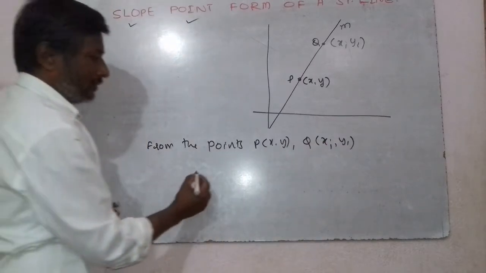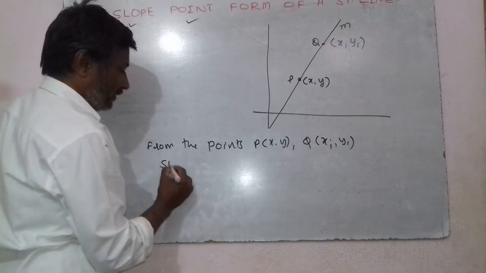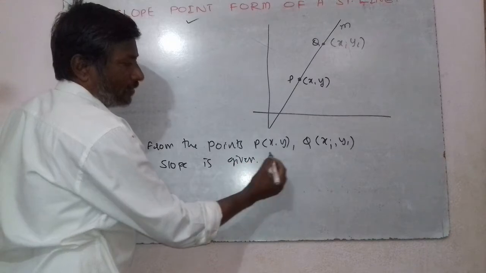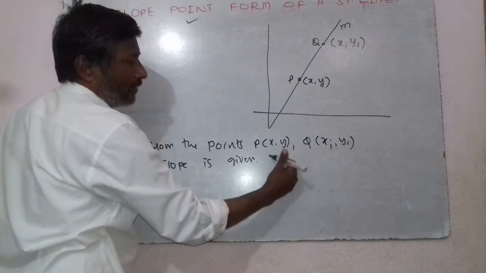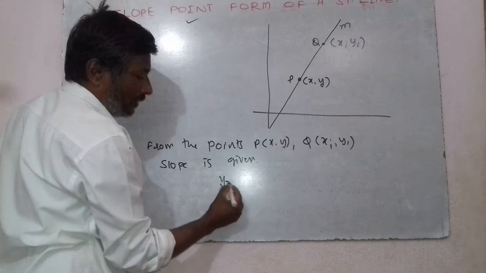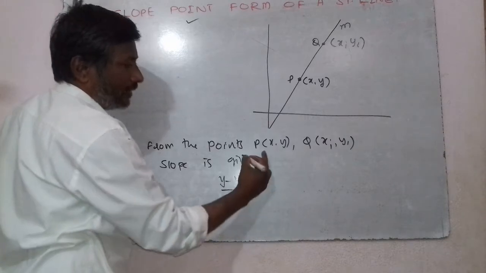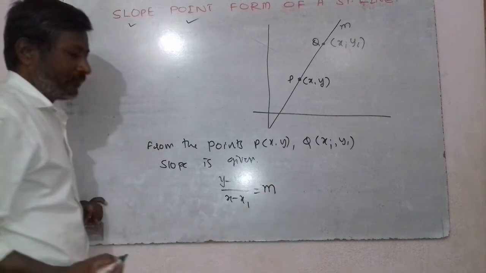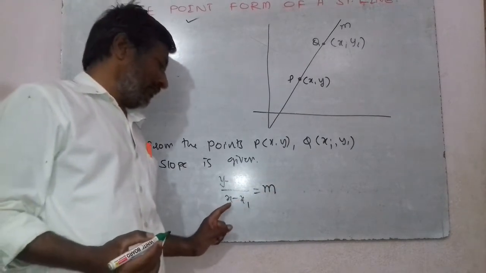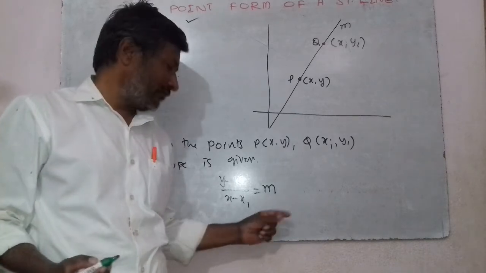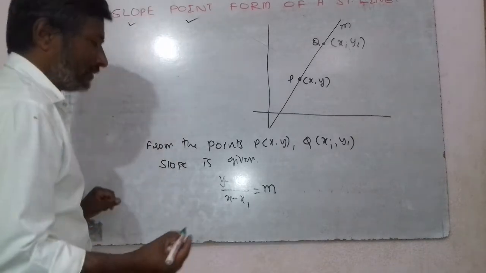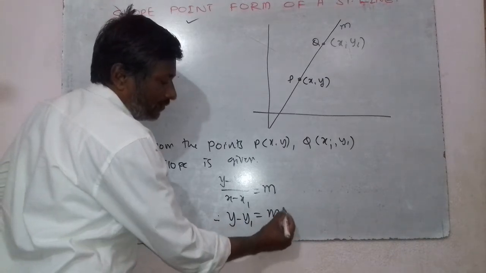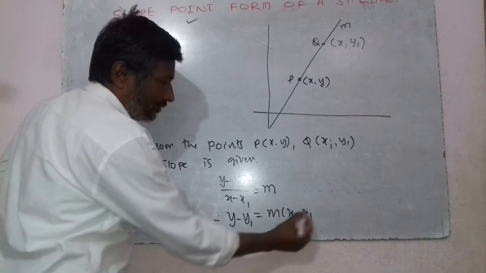So therefore slope is given by y minus y1 divided by x minus x1, and this is equal to m. Y minus y1 divided by x minus x1 is equal to m. So just take the cross multiplication of this, that is y minus y1 equals m into bracket x minus x1.